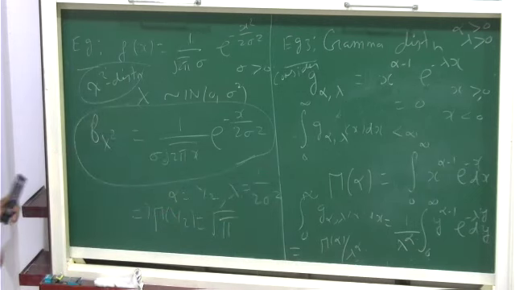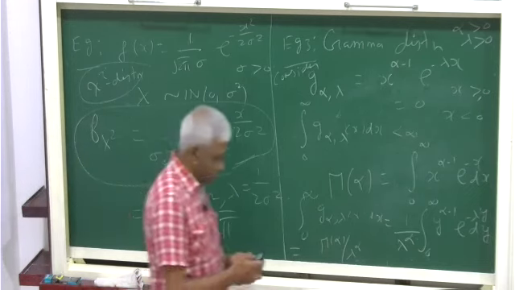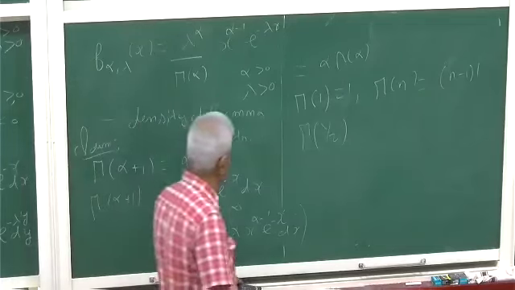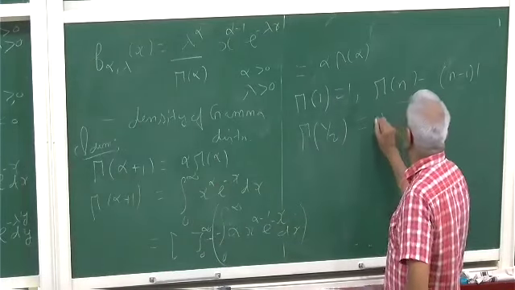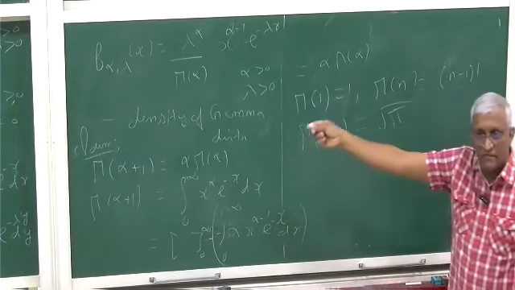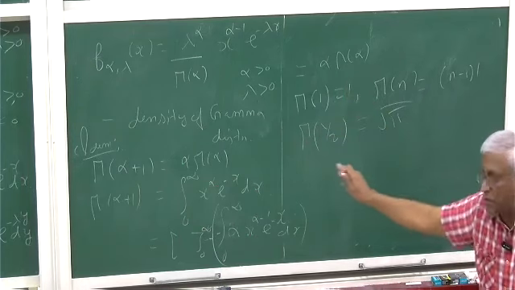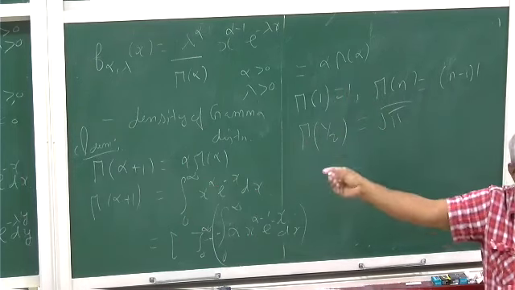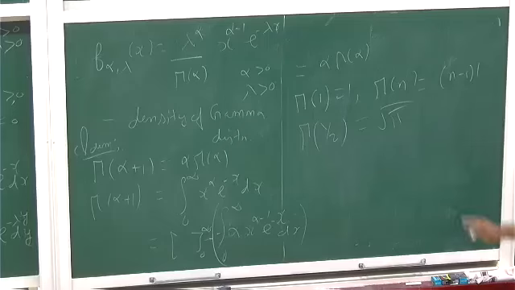So then gamma of half is equal to square root of pi. From the computation we have already done, it follows, so we don't do it again. If you want, you can do it again, but we get that gamma of half is equal to the square root of pi.